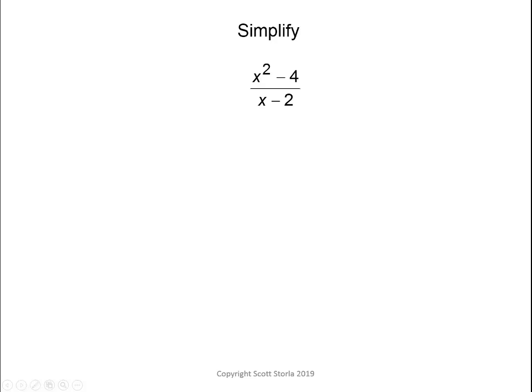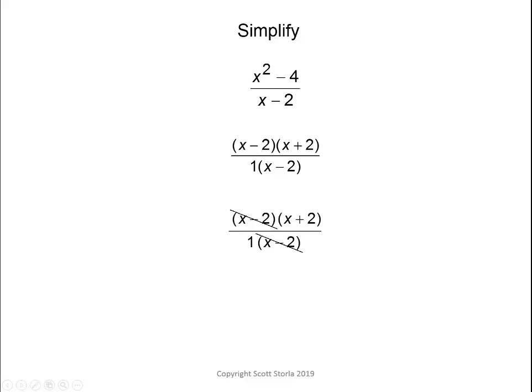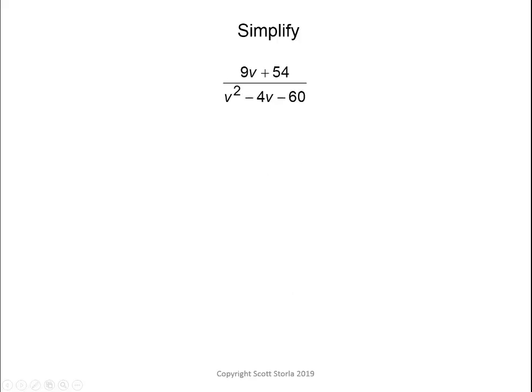Try this one. After factoring the numerator, thinking of the difference of two squares, and thinking of the denominator as 1 times the quantity x minus 2, I can reduce these factors of x minus 2, and that leaves x plus 2 over 1, or just x plus 2. Here's another.